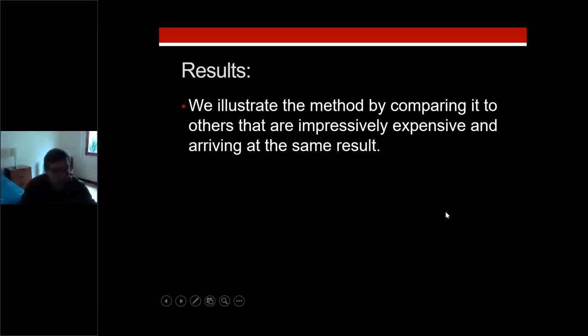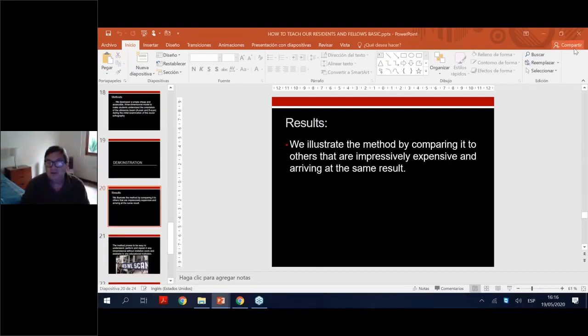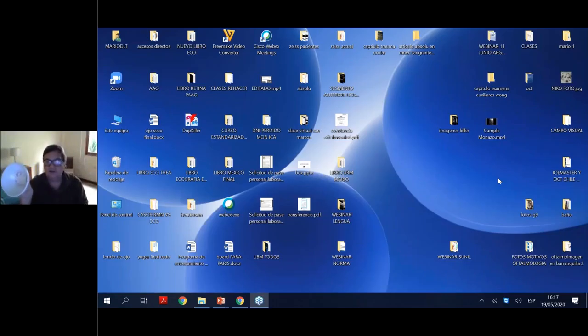Let's see. Let's go to the demonstration itself. Okay, this is the board. If you can see it, this is a mirror image, then you can see this is the rice bowl, and I drew there all the vessels and the macula.